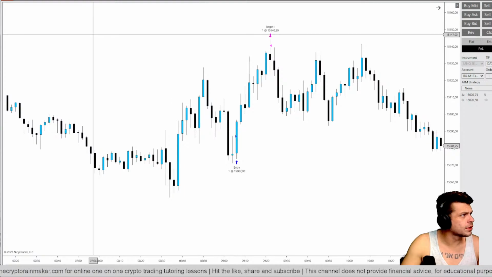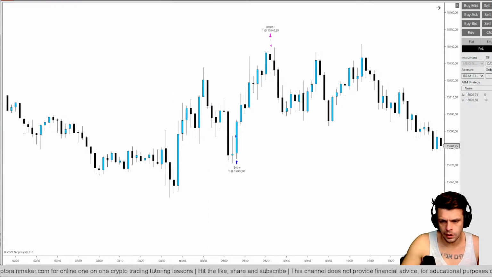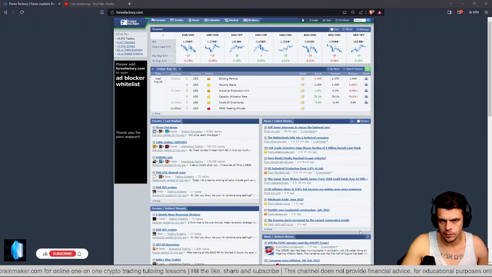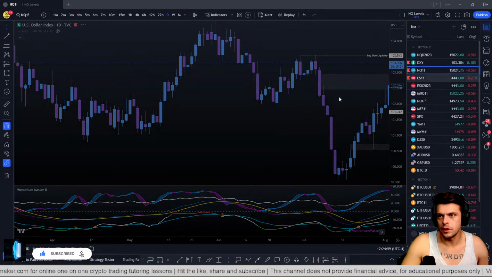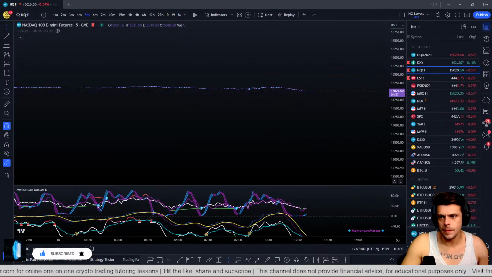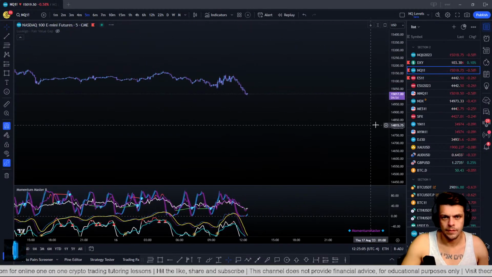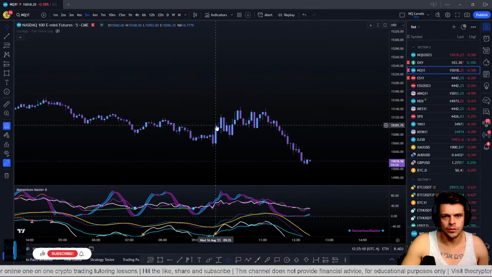The reason I took this trade was, let's quickly go back to TradingView, to the Nasdaq. This was this little move right here.